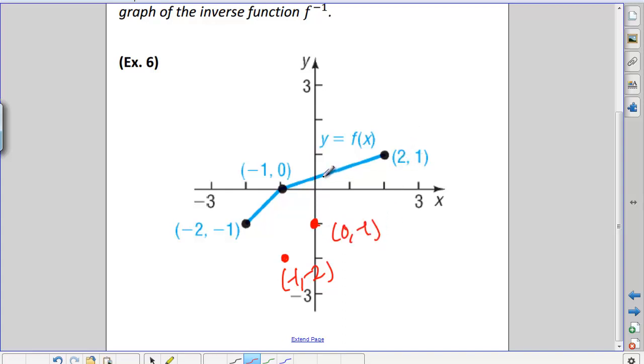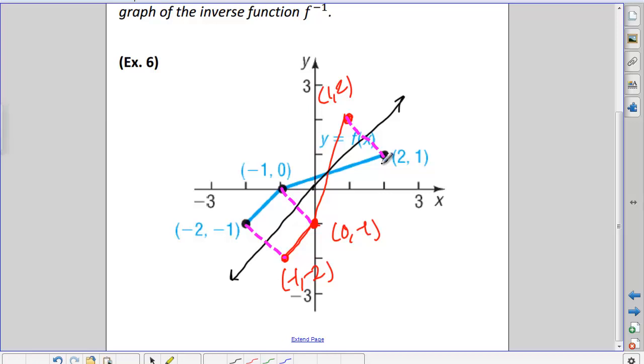And then 2, 1 becomes 1, 2. So we get this sort of graph right here. And again, the line y equals x is this line right here. And so you can see that symmetry across the line y equals x that happens there.